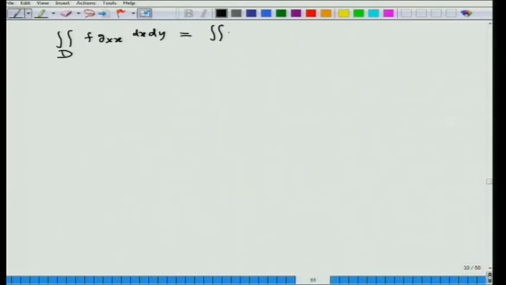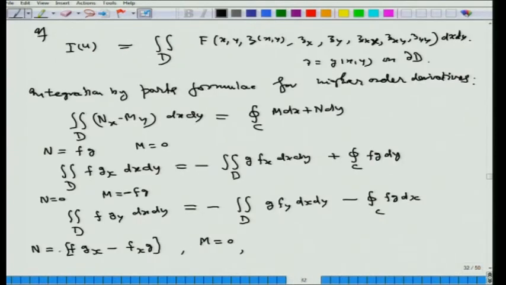So, we will have this g f x x over D dx dy, and then here n we have taken like this.